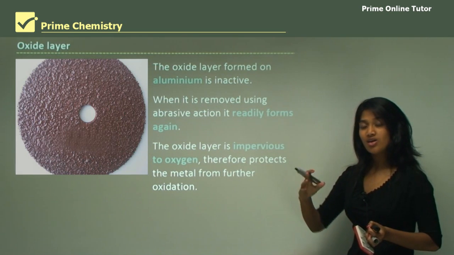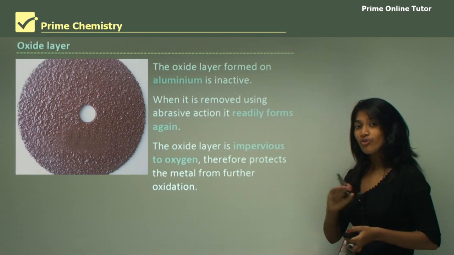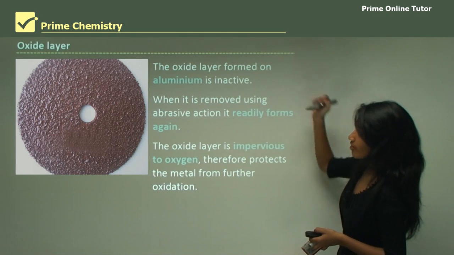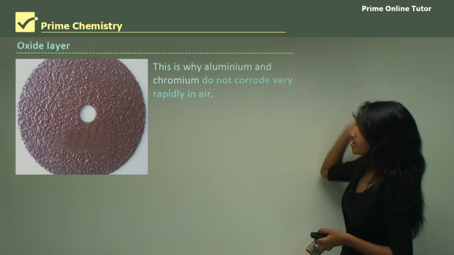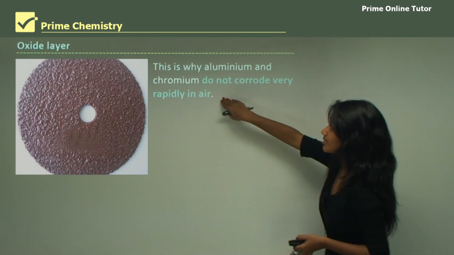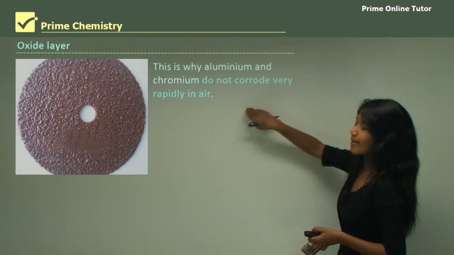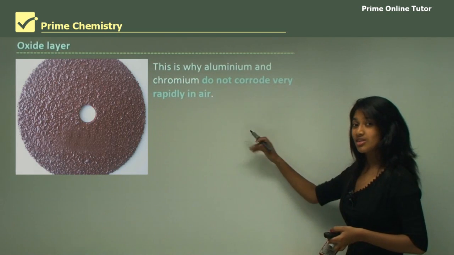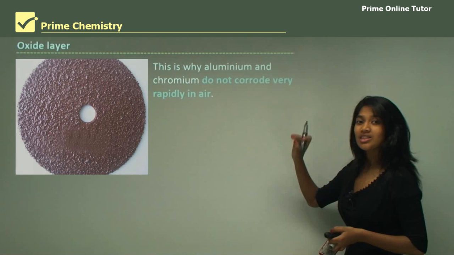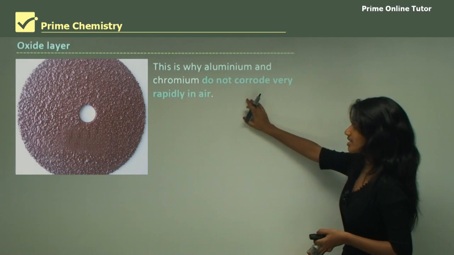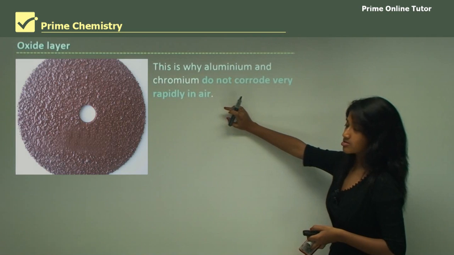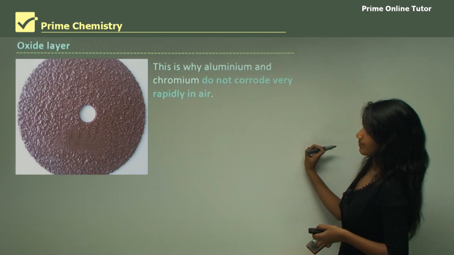Because it doesn't let any oxygen through, it stops the corrosion of the metal. This is why aluminium and chromium do not corrode very rapidly in air.